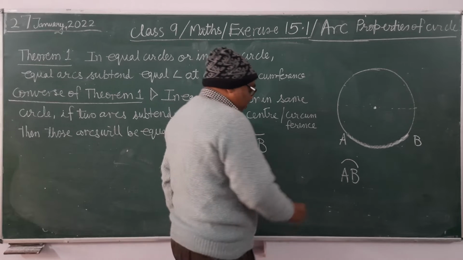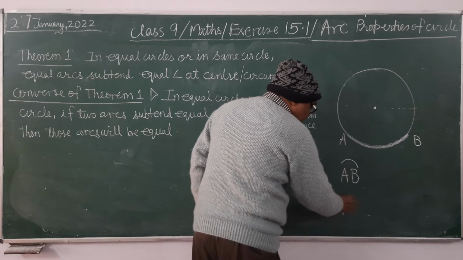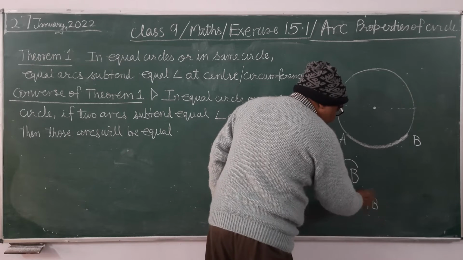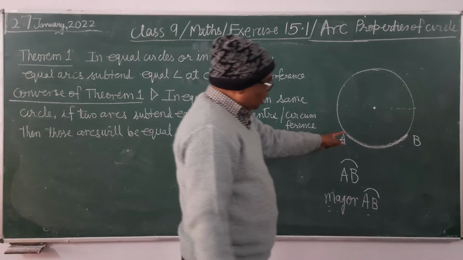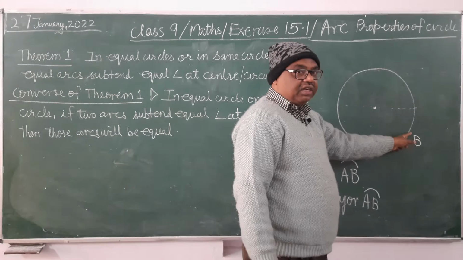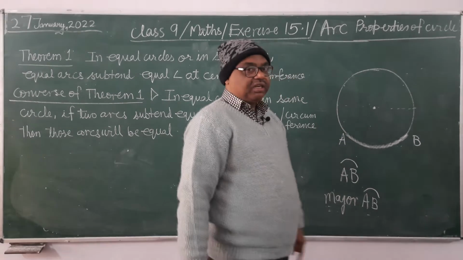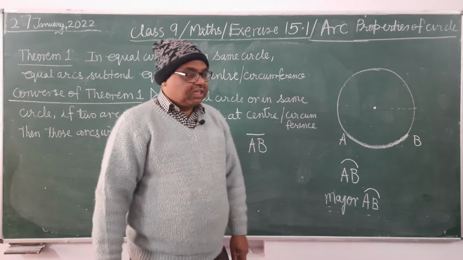Now there is one more, the major arc AB. This is the major arc AB, which is bigger than the semi-circumference.